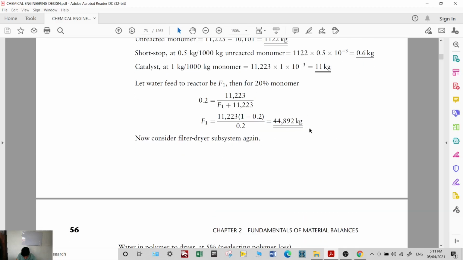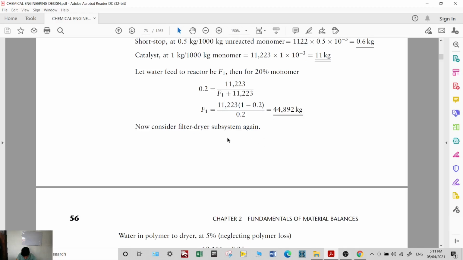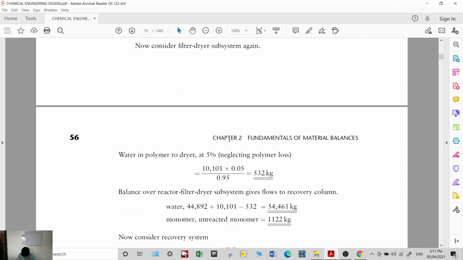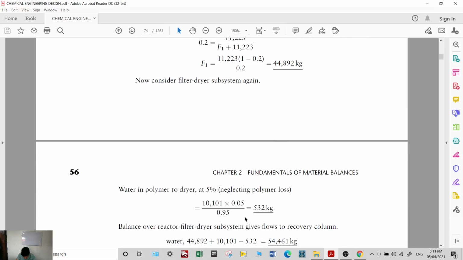So, based on this one, makuha na nimo dayon ang usa ka dako imong pump nga gamiton or pila ka pump, no? Kay quantity nga kinahanglan abton or na calculate. And then balik ta sa filter dryer sa subsystem. Water in polymer to dryer is at 5%. Okay?